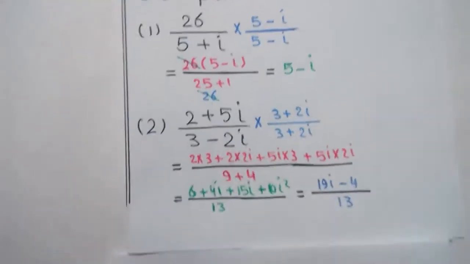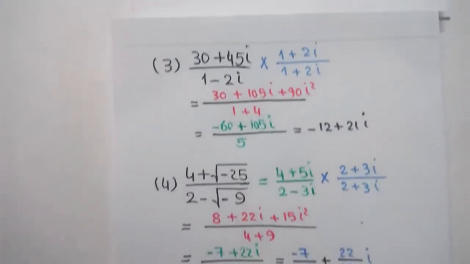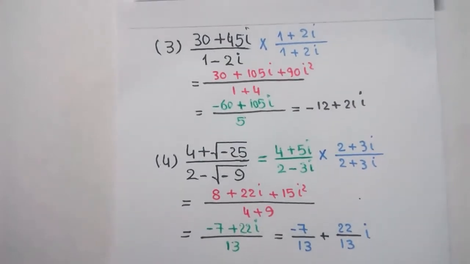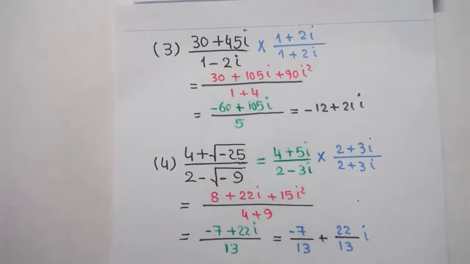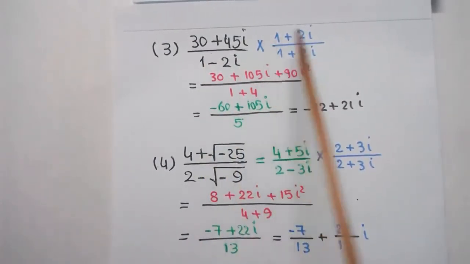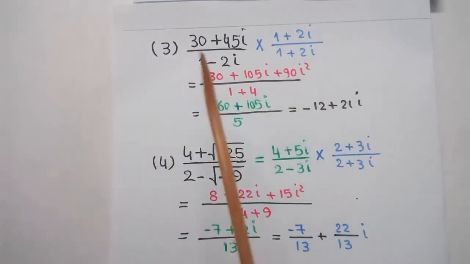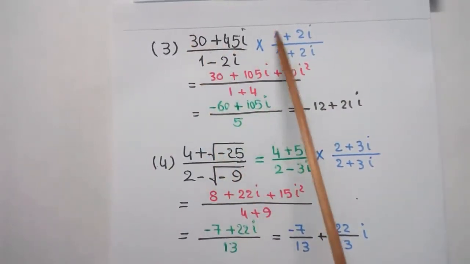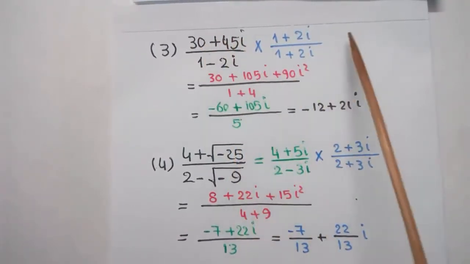Another example. 13 plus 45i over 1 minus 2i, times the conjugate 1 plus 2i over 1 plus 2i. 13 times 1, 13 times 2i, 45 times 1, 45 times 2i.